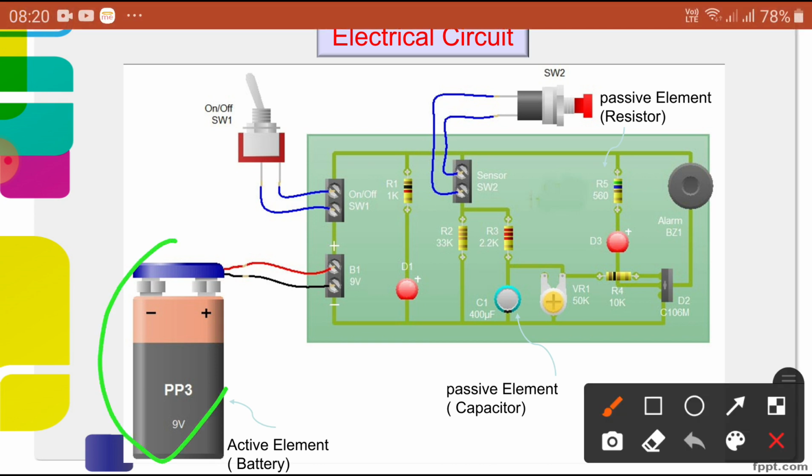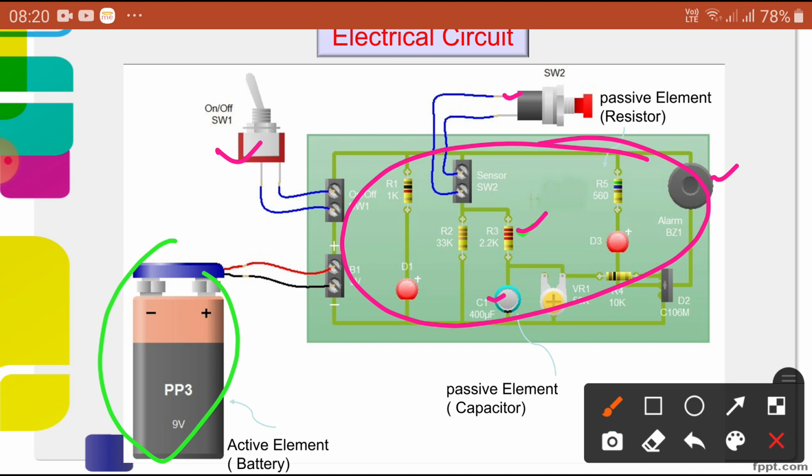This is the active element, and where are the resistors? You can see this is a resistor, carbon resistors, the speakers and controlling switches, and capacitors. So different electronic circuits are also placed on printed circuit boards.